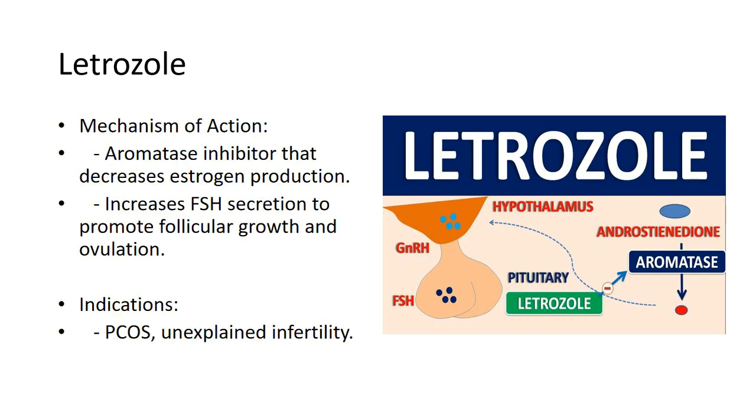2. Letrozole, an aromatase inhibitor. Mechanism of action: inhibits the aromatase enzyme, preventing conversion of androgens to estrogen. Low estrogen levels reduce negative feedback on the hypothalamus, increase FSH release, and stimulate follicular development and ovulation.